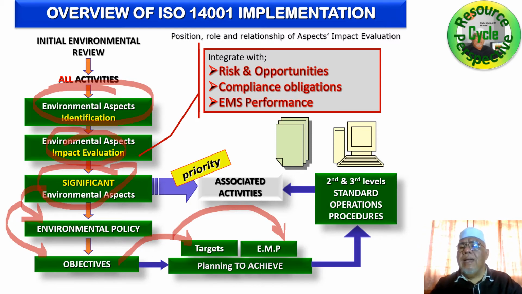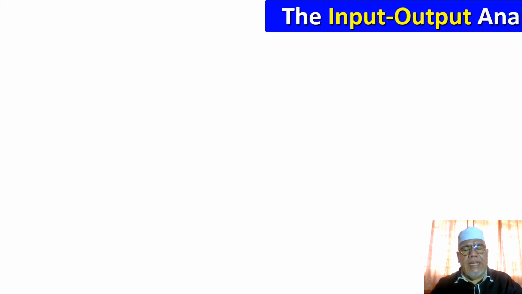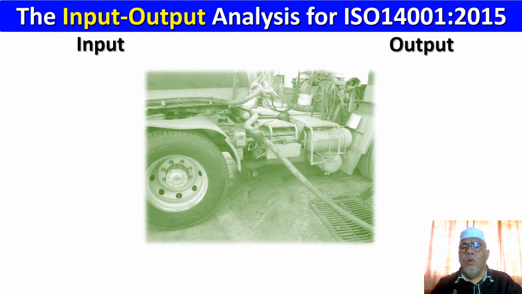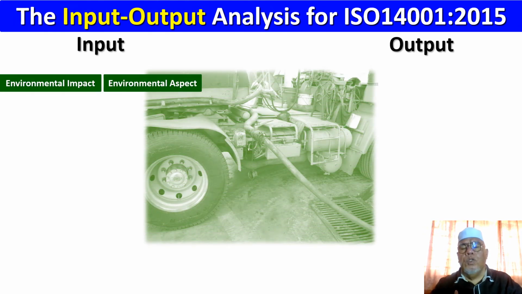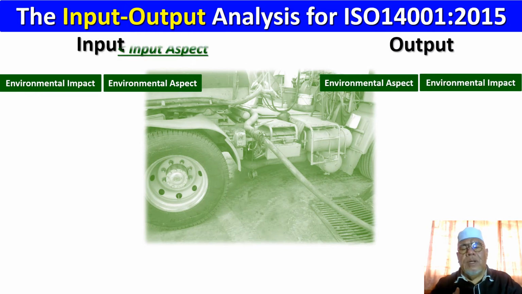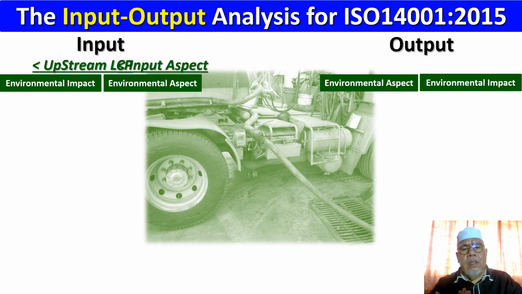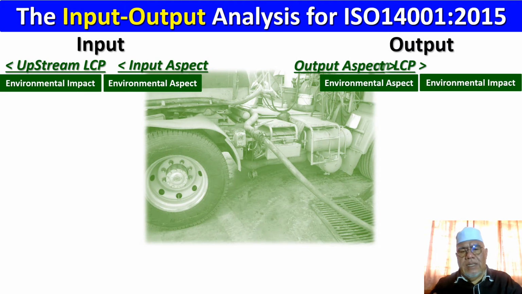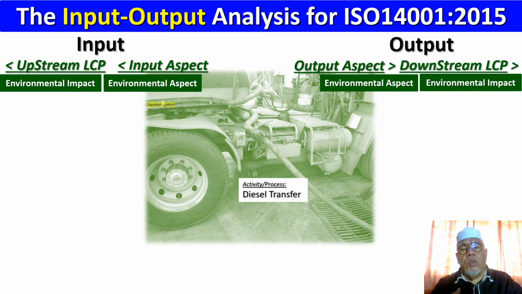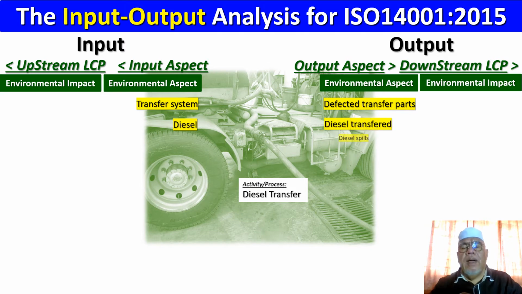Now, how do we get environmental aspects? As we have published in earlier videos, we use what is called input-output analysis for an activity, and the activity that we chose is this one, diesel transfer.